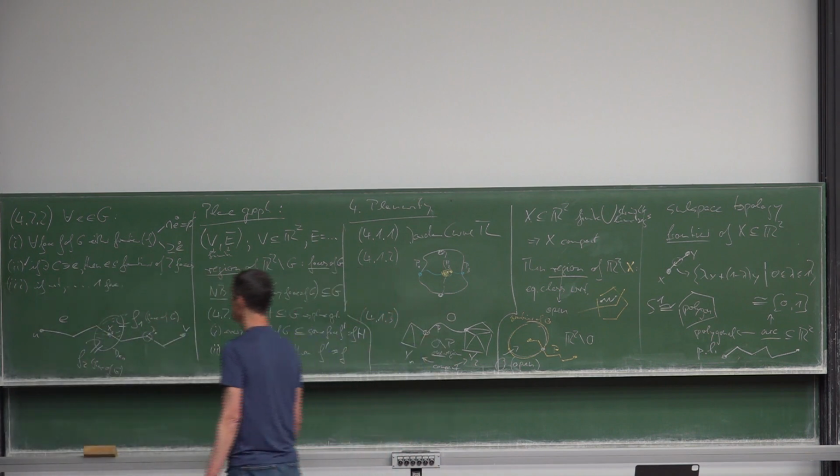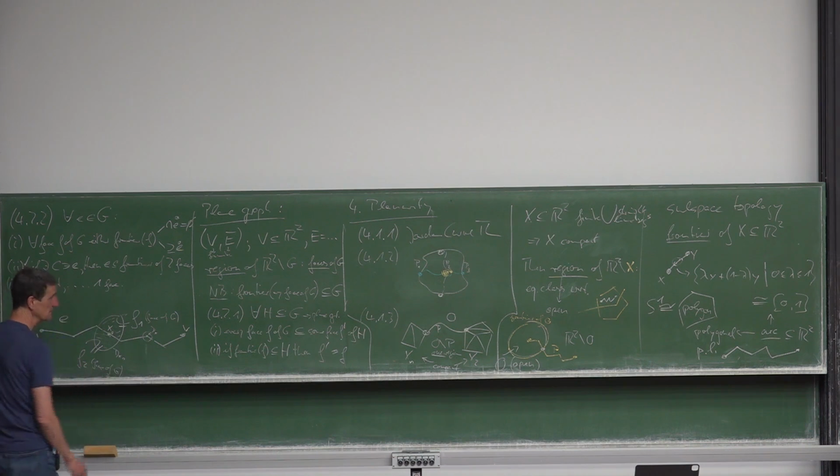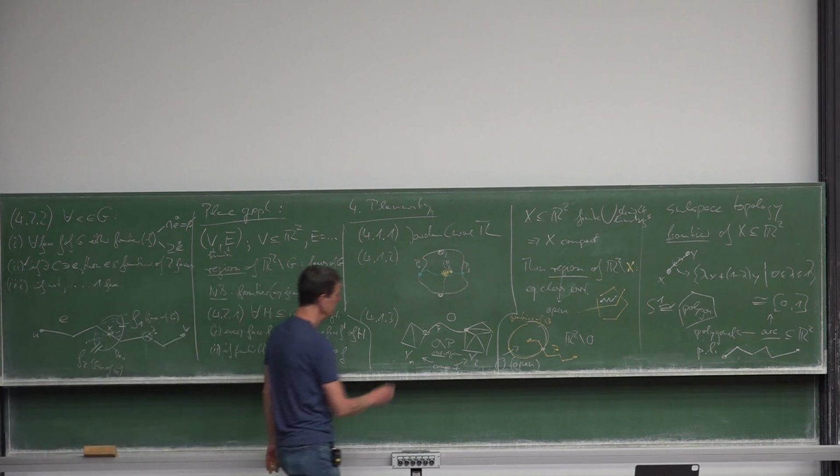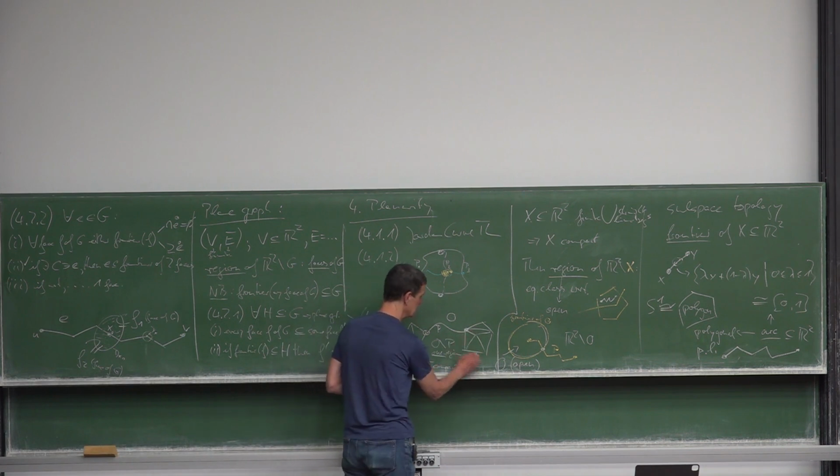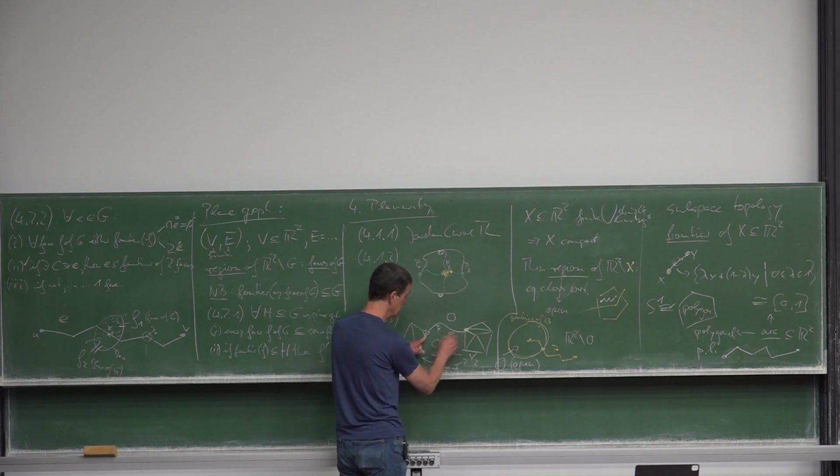If E does not lie on a circle, then E is a bridge in the graph, and it separates, in the graph sense, its two end vertices.